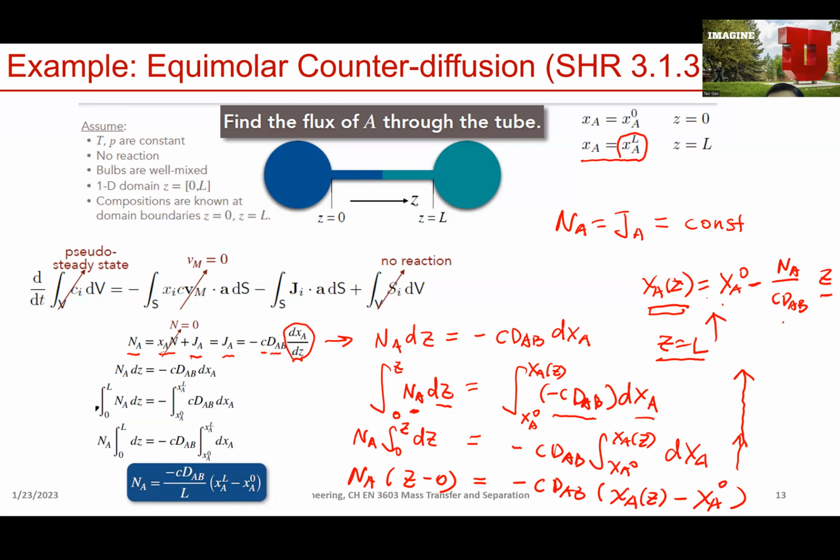You get XAL equals XA0 minus NA over CDAB times L.